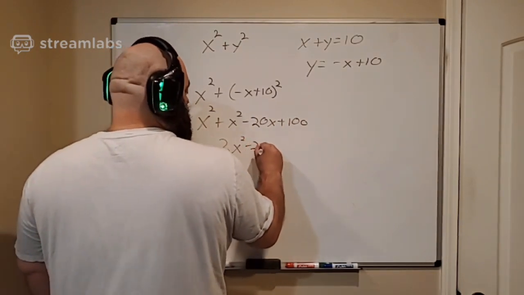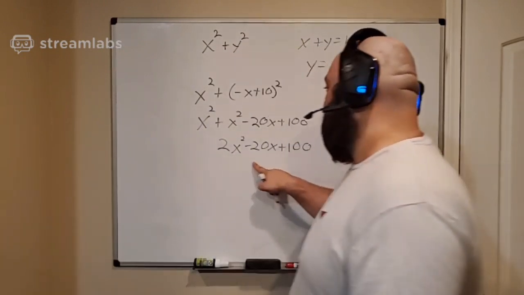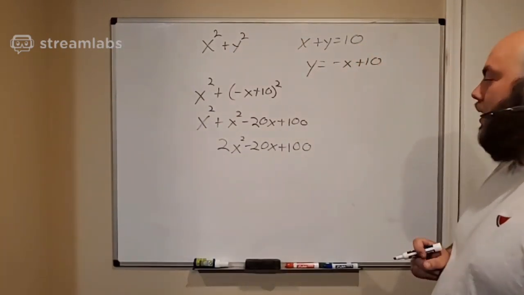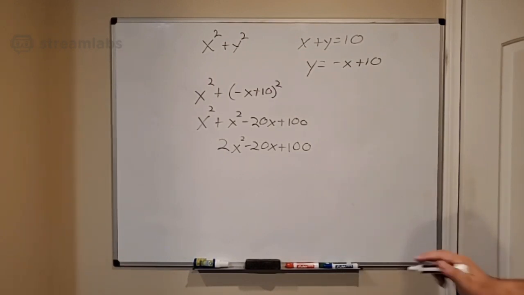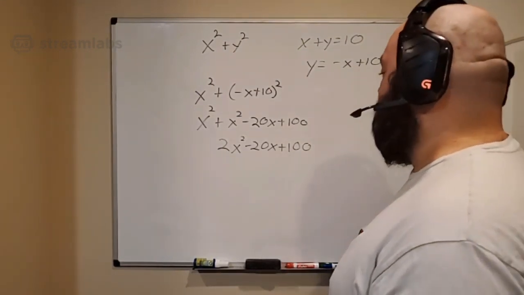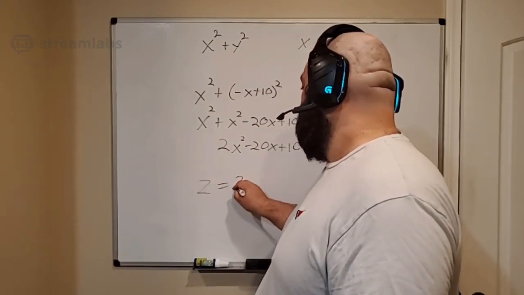If you were to try to find the max or min of this, you could do one of two things. You can take a derivative and find its max or min, or you could do Algebra 2 and find the vertex of this parabola, because this is a parabola. I'm going to call it a different variable just so we don't get confused. So z is equal to 2x squared minus 20x plus 100.